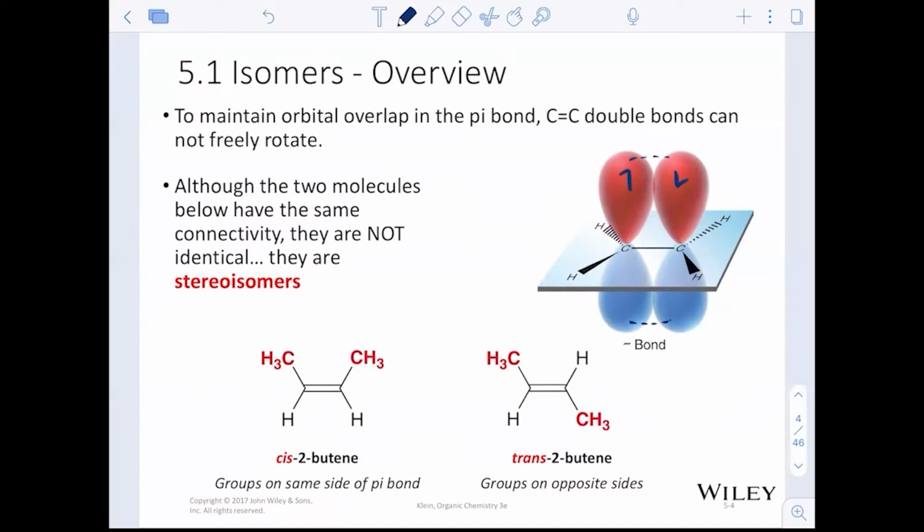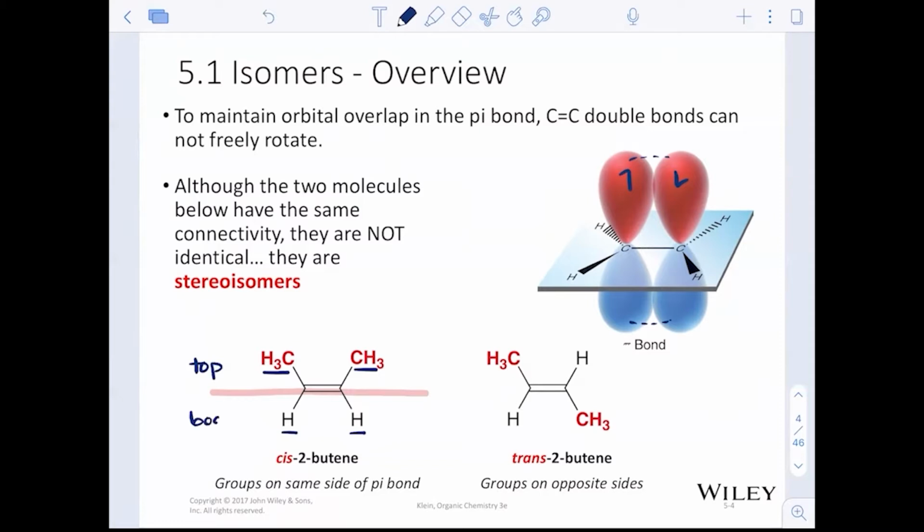With a carbon-carbon double bond, we could have a stereoisomer form, whether their groups are on the same side. Notice the H's are on the same side of this plane. Let's just draw a little bit of a plane right here through the carbon-carbon double bond. And we can label this as top and bottom.